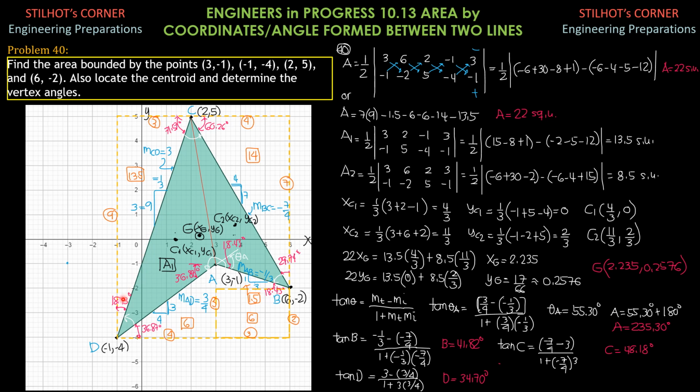For this line, it has a positive slope, delta y 9 over 3, so its slope is 3. So m sub cd is 3, and m sub bc is negative 7/4. For this line, it is negative. For this line, the slope is positive.